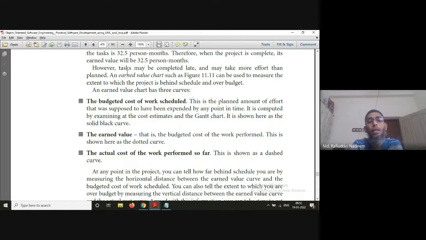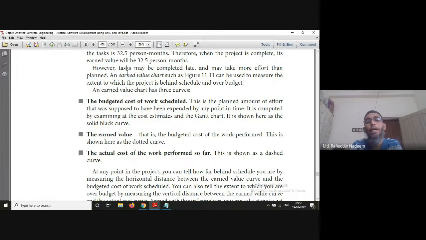The earned value chart in general has three curves. The first curve is the budgeted cost of work scheduled. This is the planned amount of effort that was supposed to have been expended by any point in time.